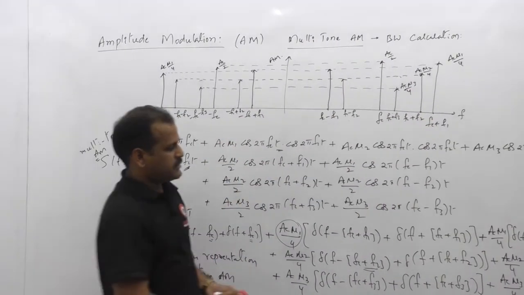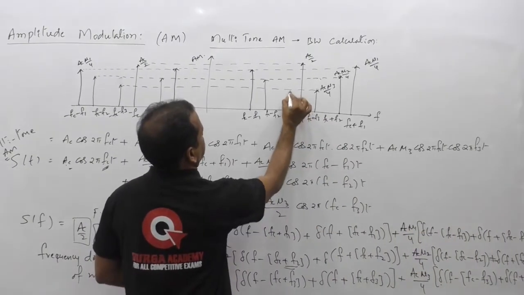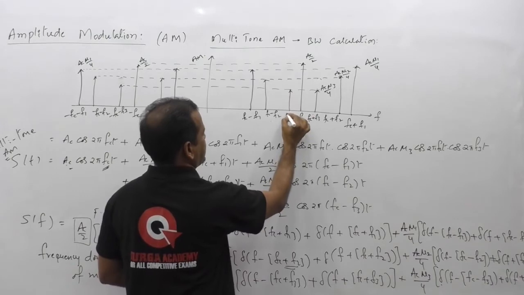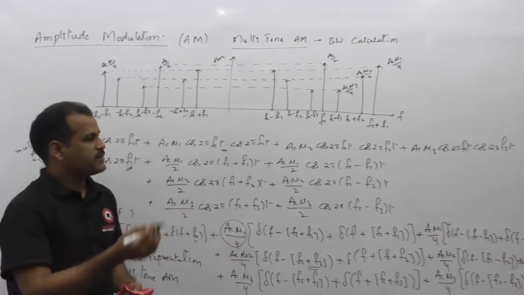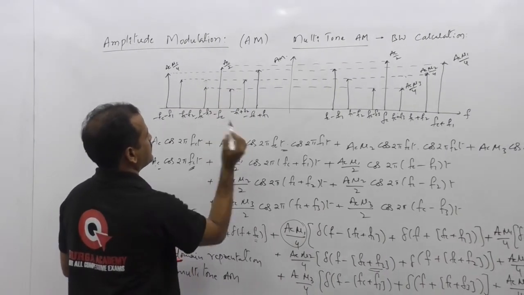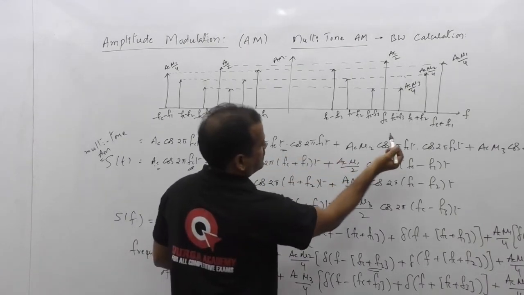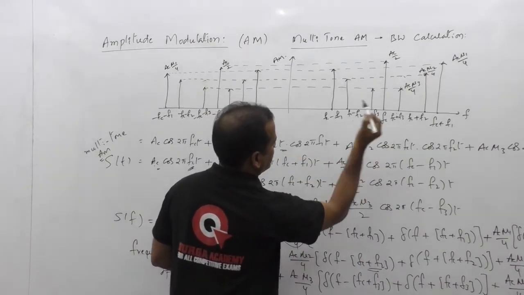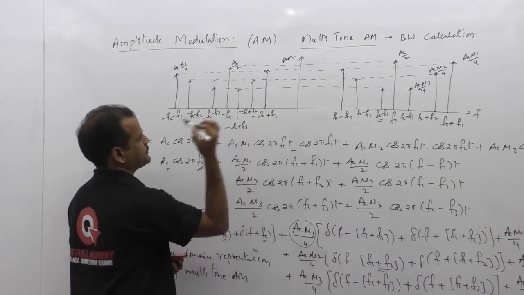Let us take the last term, delta functions, that is Fc minus F3, the right side component. Similarly, the left side component is somewhere here. This is the component Fc minus F3, and the reflection of this component, that means minus Fc plus F3, you will get.